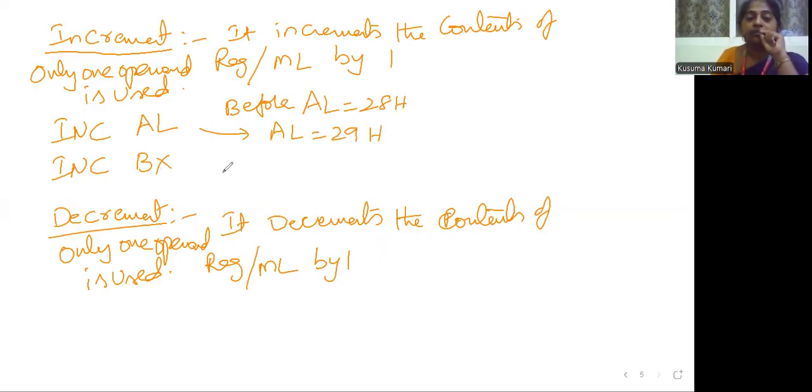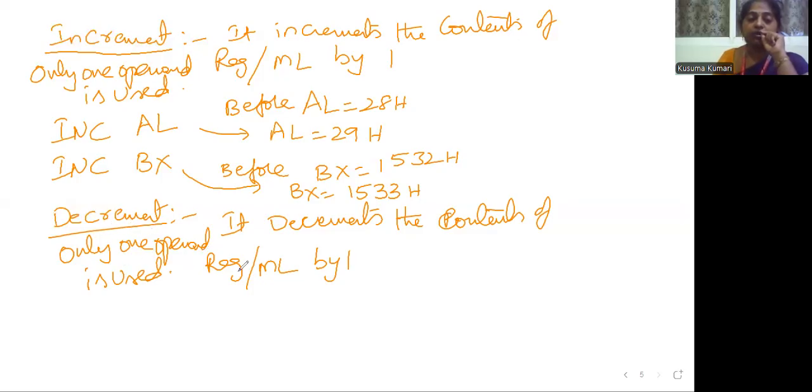Similarly, INC BX: before, BX is equal to 1532 hexa, then after this instruction it is incremented by 1, that is BX is equal to 1533 hexa. Similarly, the opposite is decrement.